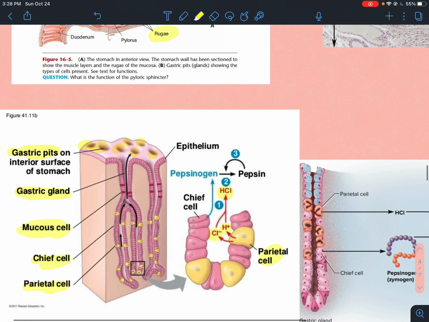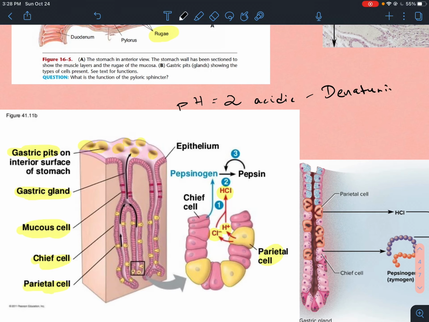It is important to note that the pH found in the stomach is roughly a pH of 2, which is extremely acidic. This type of pH is important because it basically burns right through tissues, and it is responsible for denaturing or unfolding the proteins that we consume.